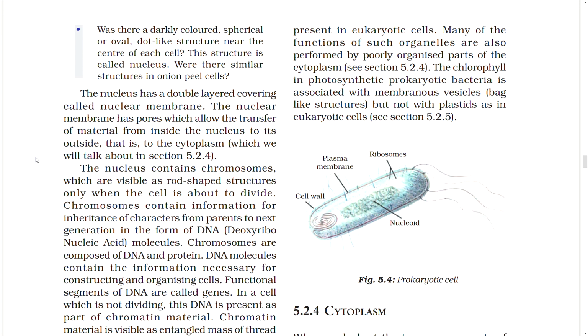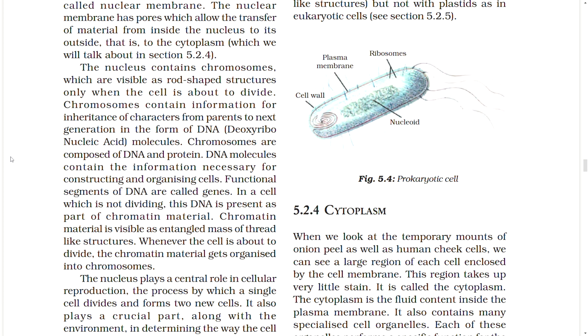The nucleus has a double-layered covering called the nuclear membrane. The nuclear membrane has pores which allow the transfer of material from inside the nucleus to its outside, that is, to the cytoplasm, which we will talk about in the next section. The nucleus contains chromosomes, which are visible as rod-shaped structures only when the cell is about to divide.